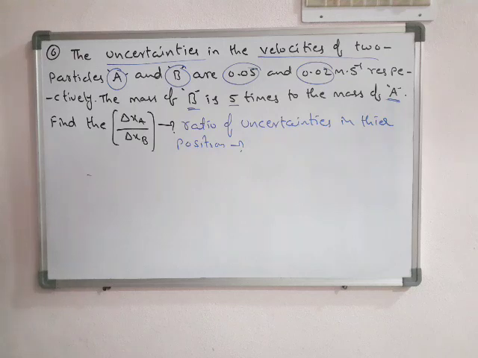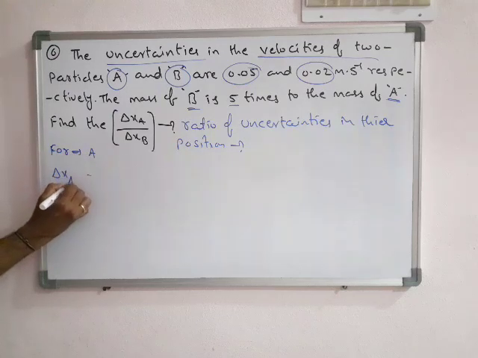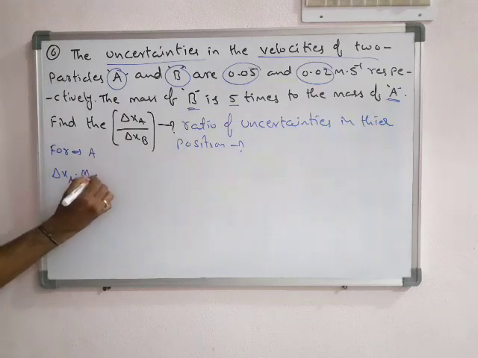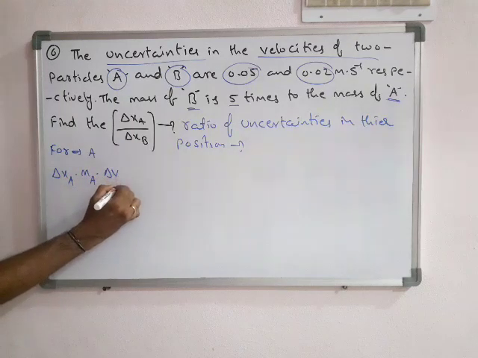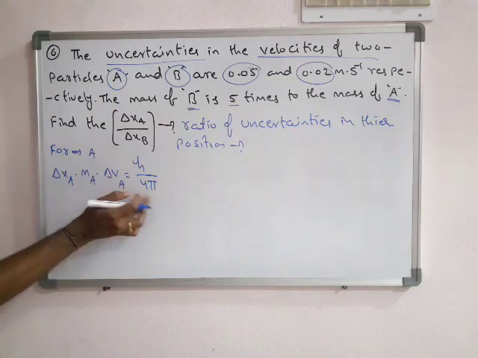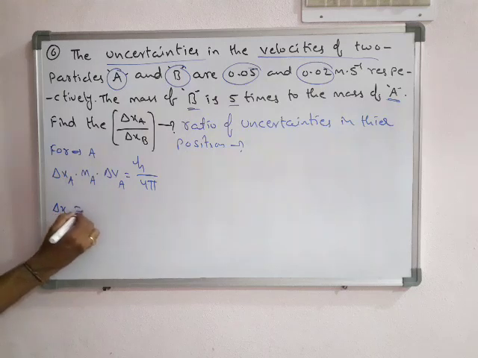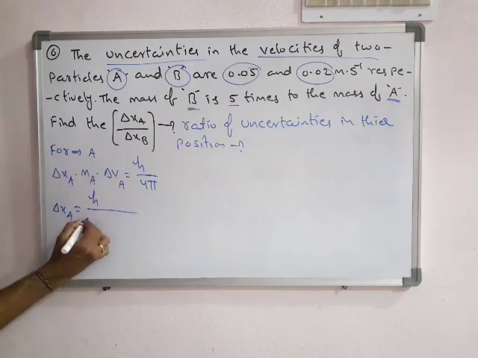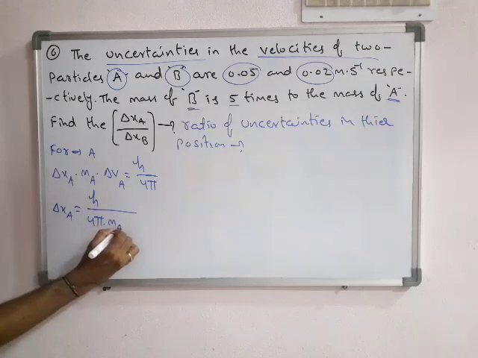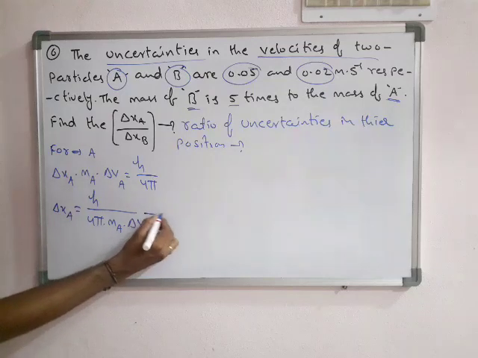So uncertainties in their position, find out here. First we write the equation for particle A. For A particle we are writing delta XA, mass of A, uncertain velocity of A is equal to h by 4 pi. All are constant, no need to write the particular A. So we need to find delta XA. But simple, we convert it into delta XA is equal to h by 4 pi mass of A and uncertainty in velocity of A. Say it is equation 1.